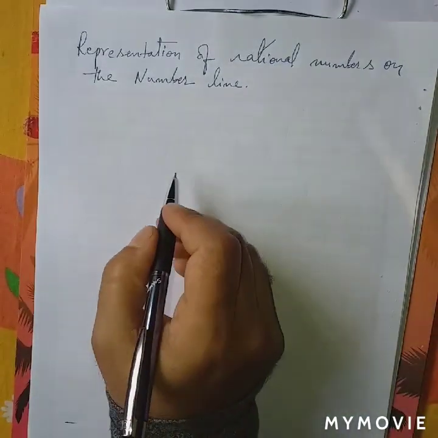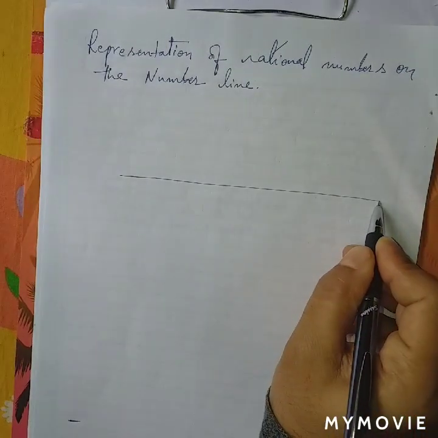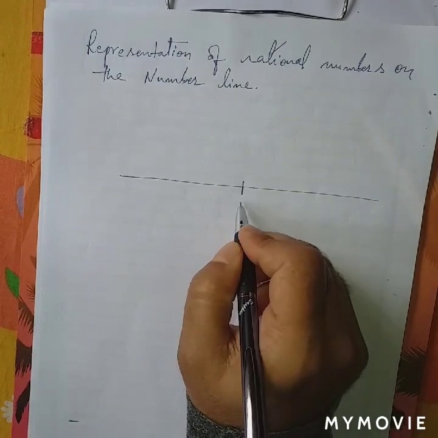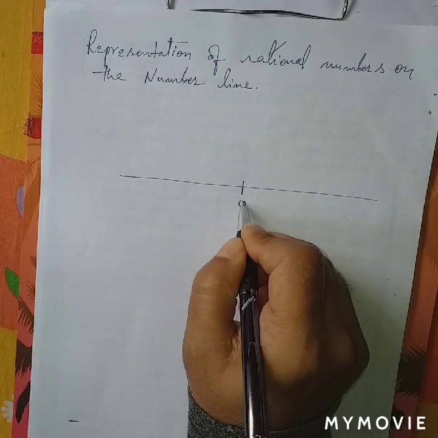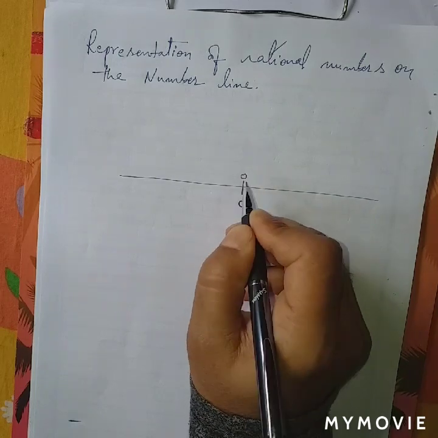Let us draw a number line. Okay, at the middle of the number line 0 is there, so let us mark it as O, and this is 0.